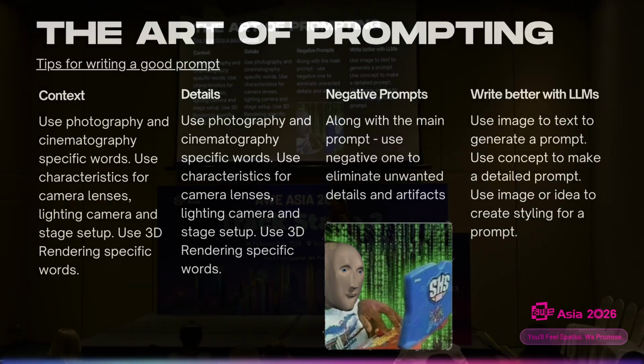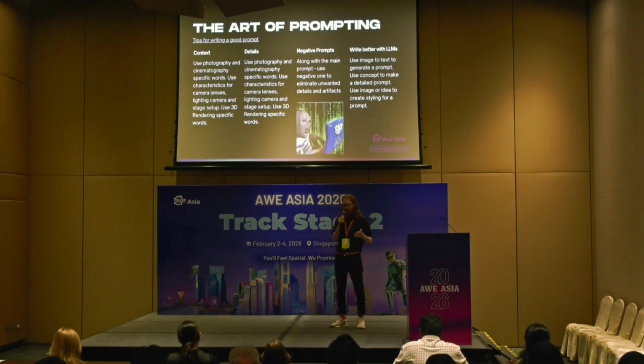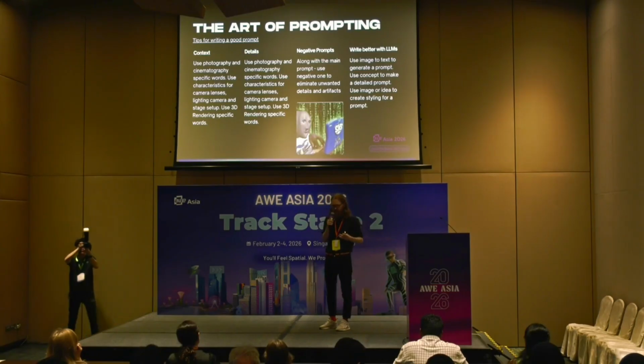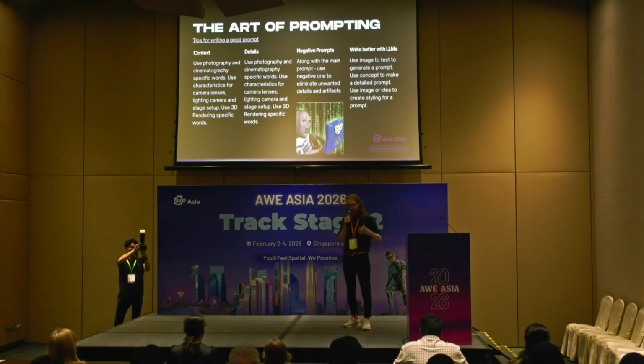So let's say if you write a prompt for image generation for ChatGPT, you can ask ChatGPT to help you write this prompt in the first place. Sometimes we as humans don't know how to express ourselves properly, so we can actually ask a machine like ChatGPT or Gemini to help us express ourselves properly.